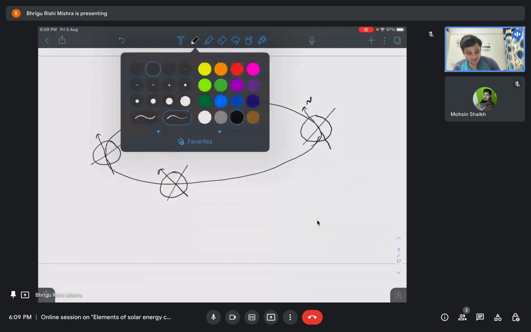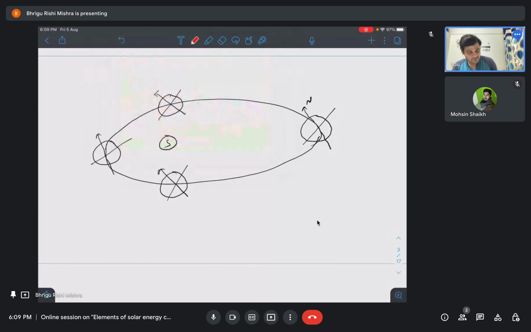This position is called the summer solstice, and it is on 21st June. The Sun rays are perpendicular to this point, and if we draw a line like this, it should be parallel to the equator.